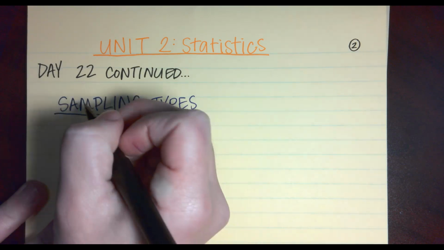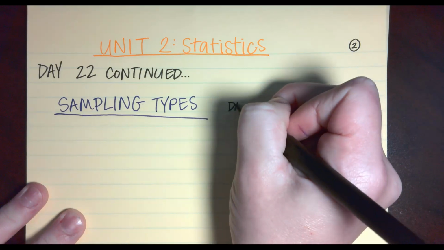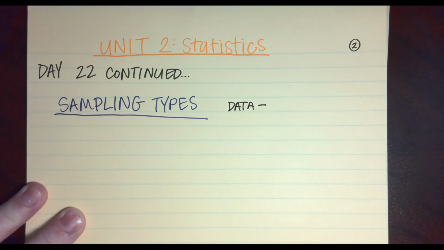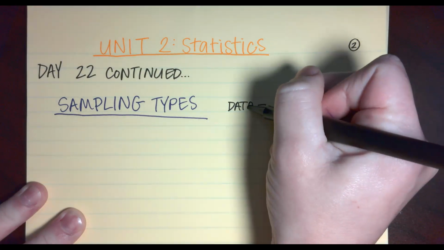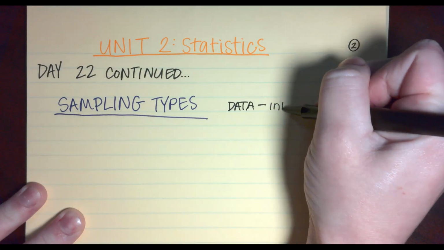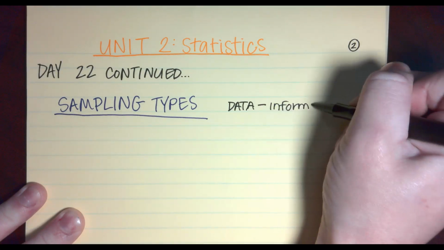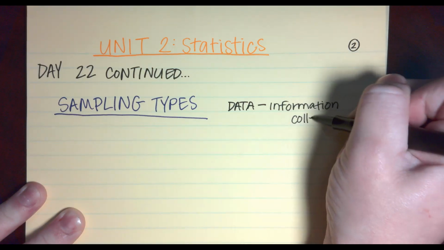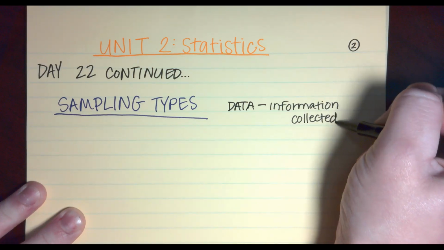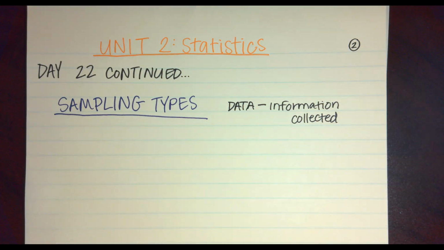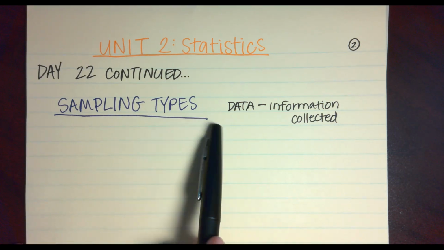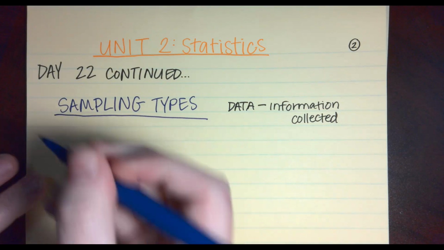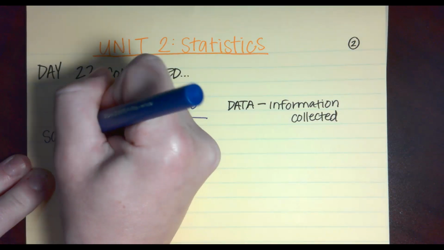So if you want to have that written out to the side, you don't have to. I'm just going to give it to you in case you're not sure what data is. But data is just information that you collect. And there's many different ways to go about collecting that data. So I want to give you a definition of sampling.